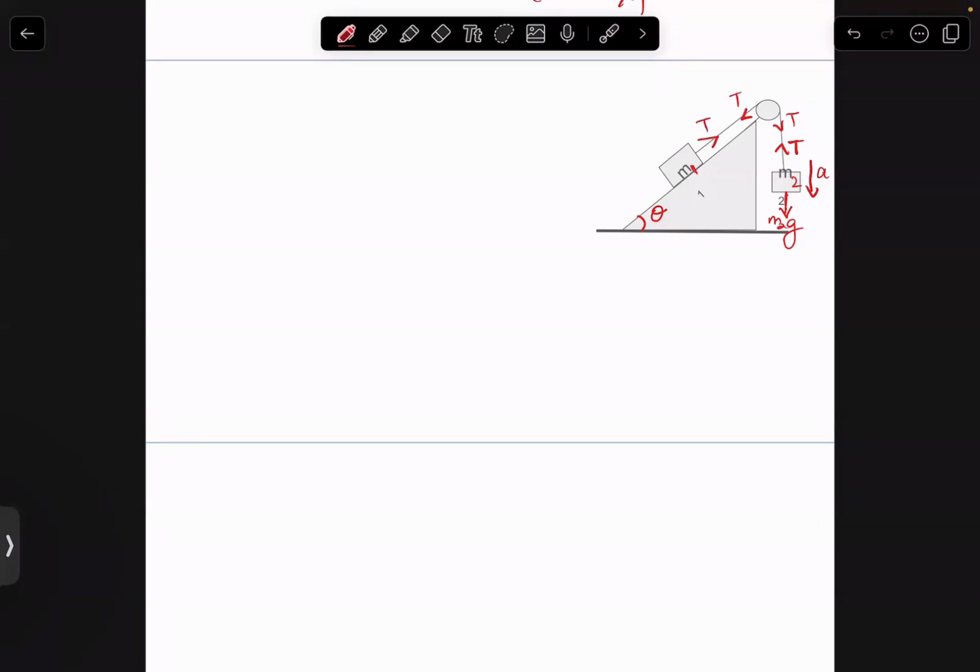And this m1 will have m1g acting downwards, and there will be a normal reaction from this surface. This is the normal direction, so that is N.